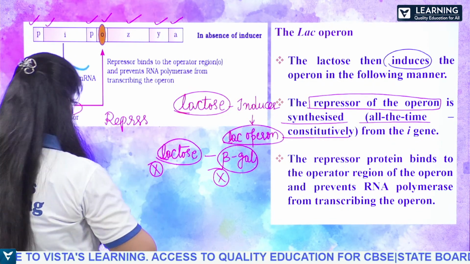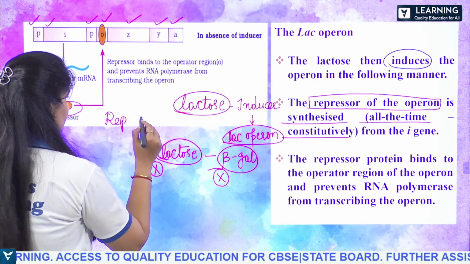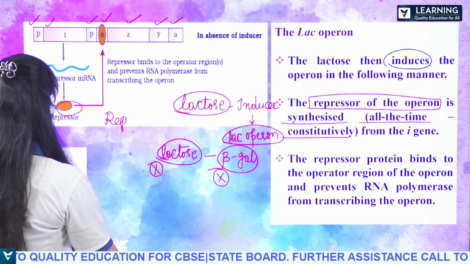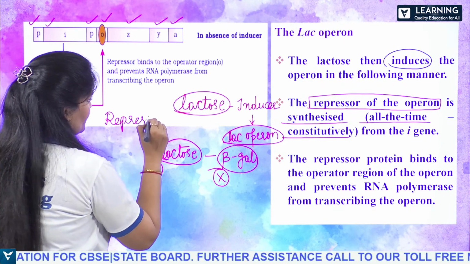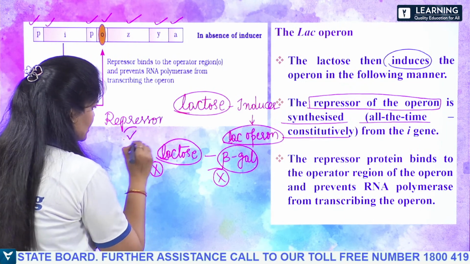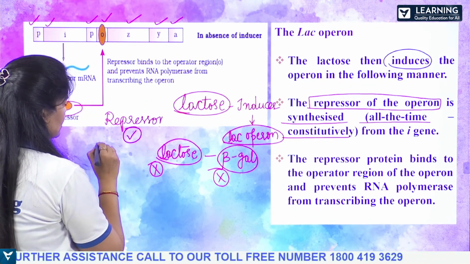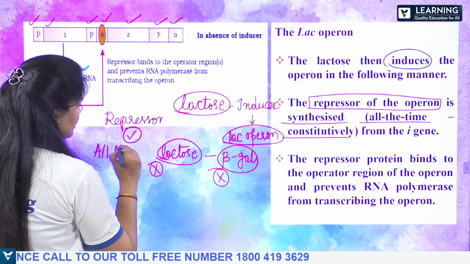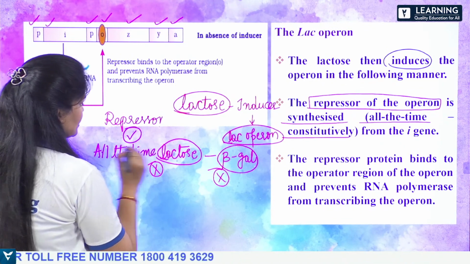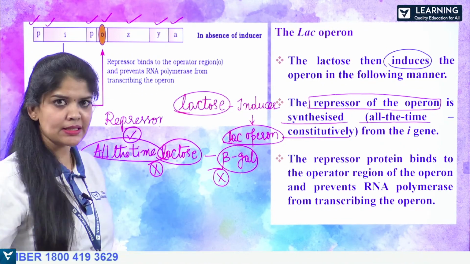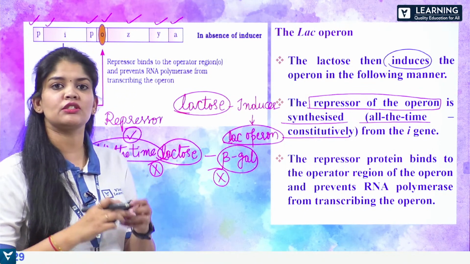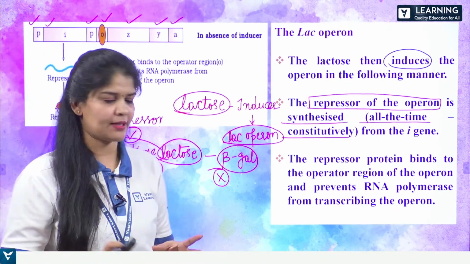Repressors will be present all the time. This is very, very important. That is why we consider it a constitutive gene. Constitutive genes are genes that express all the time.